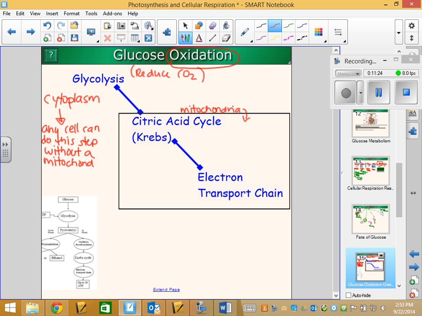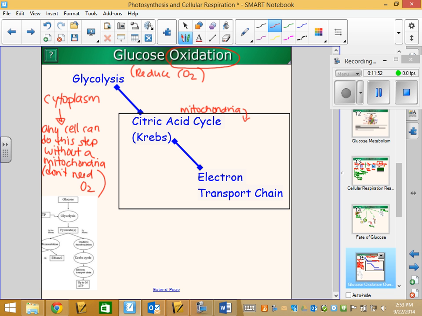You don't need one. And you'll see in a little bit that you also don't need oxygen for this step. So a bacteria that doesn't have a mitochondria can do this step. Any living organism basically can do this step. You don't have to have a specific organelle to accomplish it.